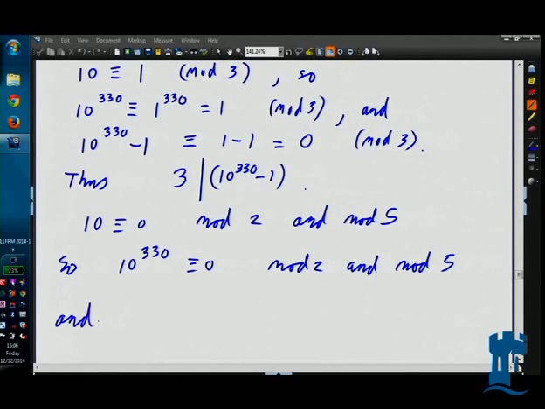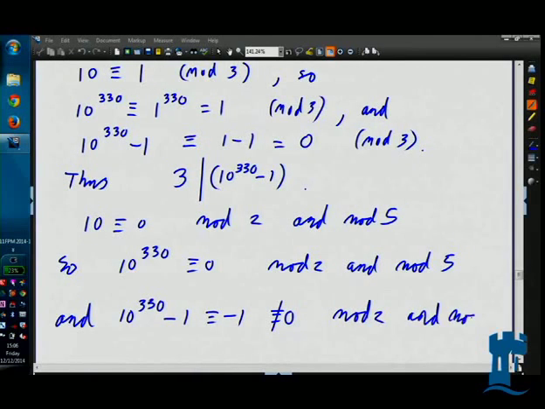And 10 to the power 330 minus 1 is congruent to minus 1, which is not congruent to 0 mod 2 and mod 5. And that'll do for that, I think.